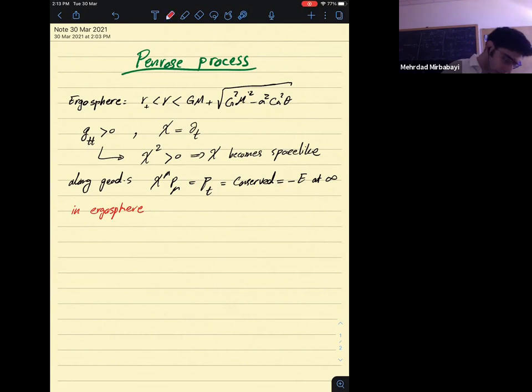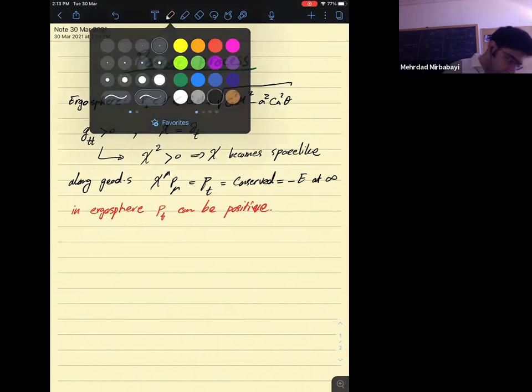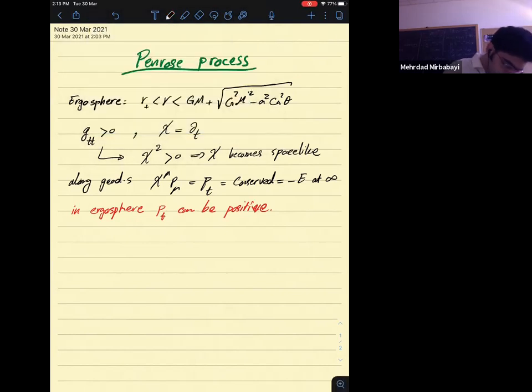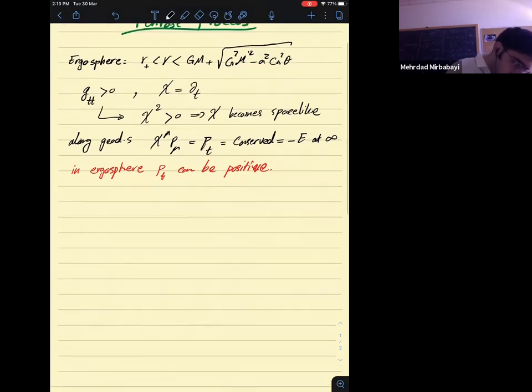But in the ergosphere, p_t can be positive. So what does it mean? What it means is that we can now consider a process. So let me try to draw a picture. And then there is an ergosphere.